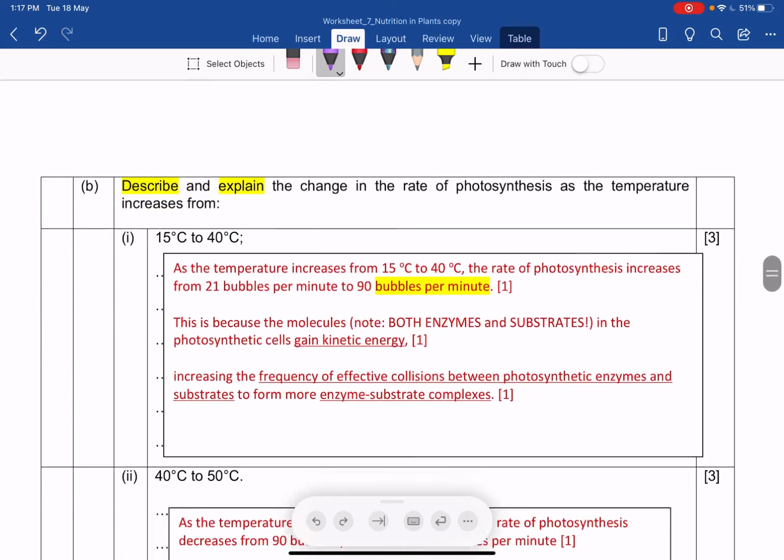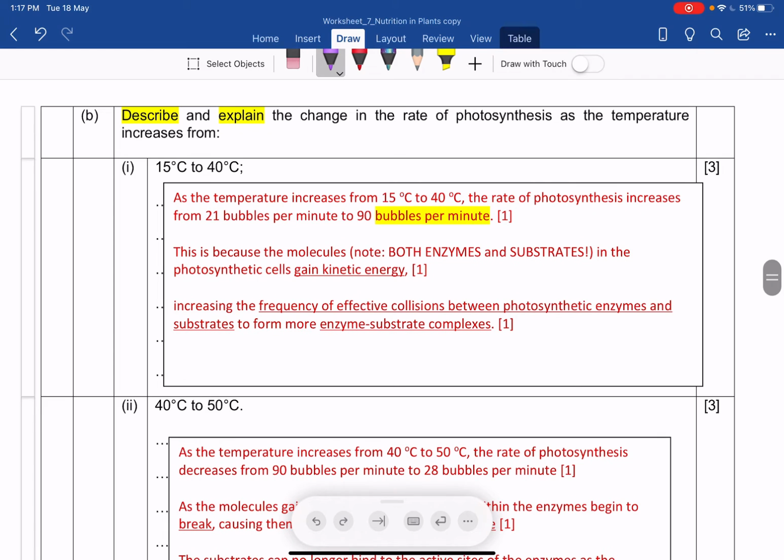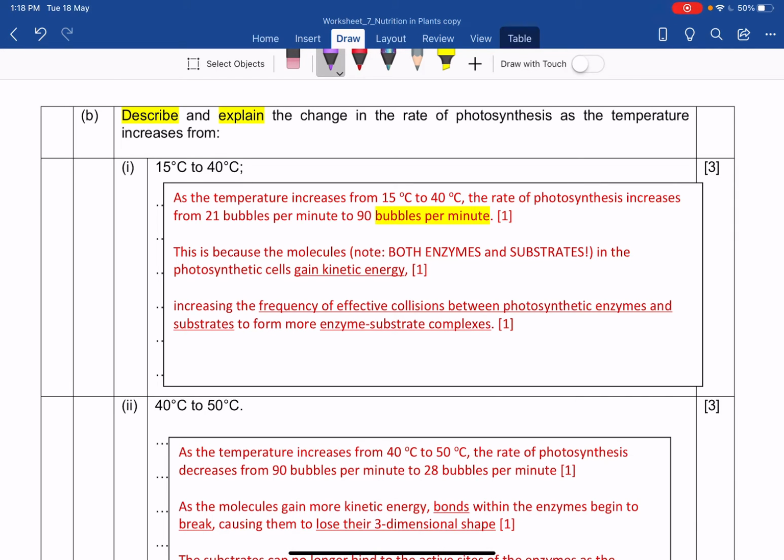Now you can see that the answers, based on the questions, number 1 is describe and explain. So do note the question command over there. You have to indicate, take note, okay, of the units, and you need to explain it based on your knowledge of how enzymes work.